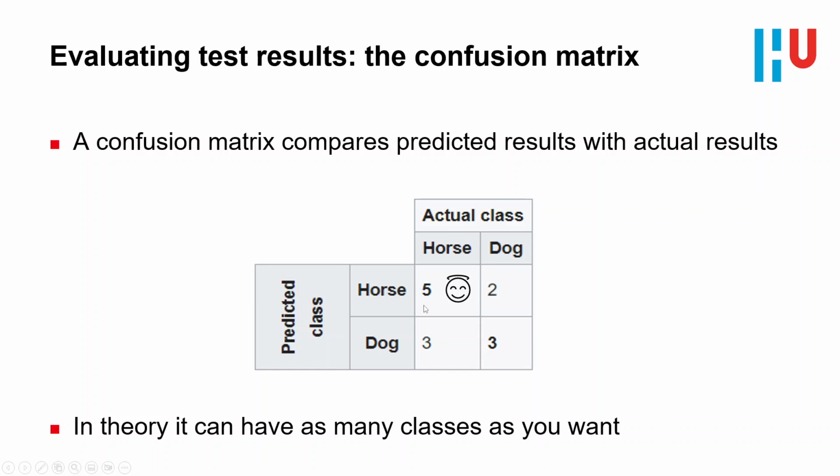So this is good. And when you look at the dogs, you see that it predicted 3 dogs actually as being dogs. So that's good. Those three and those 2, that's not so good. It was a horse and it thought it was a dog. It was a dog and it thought it was a horse. So that's not so good.